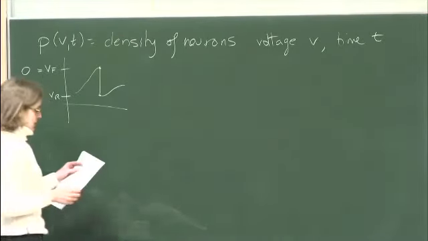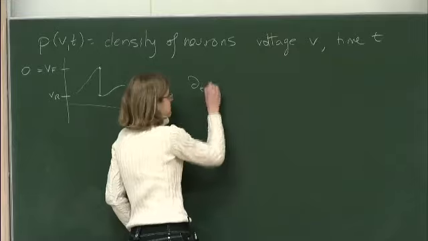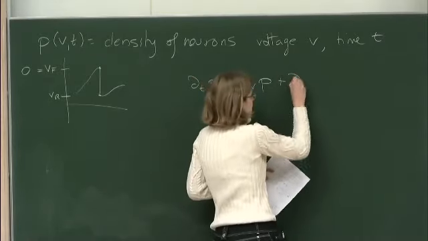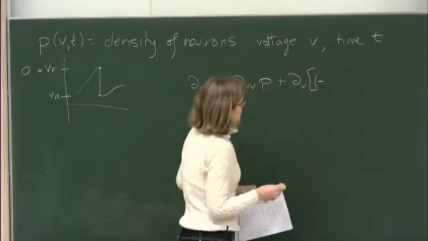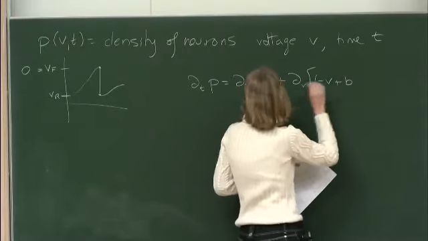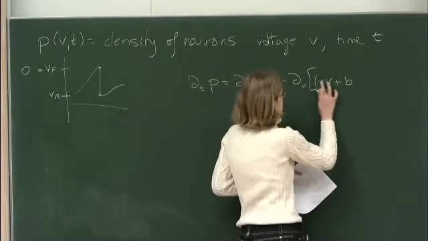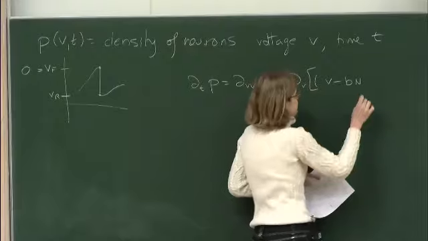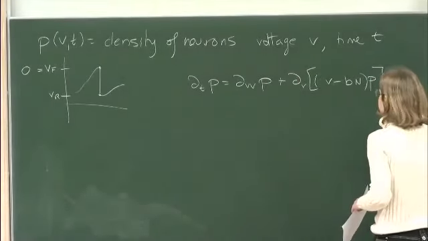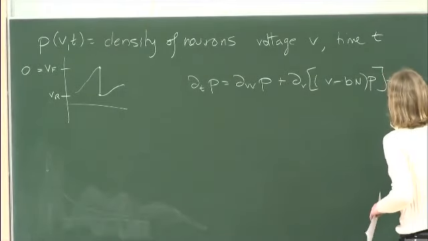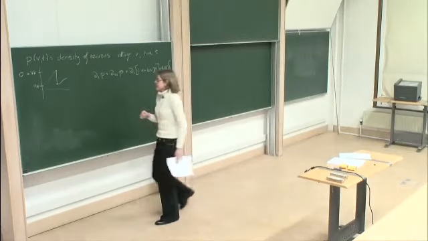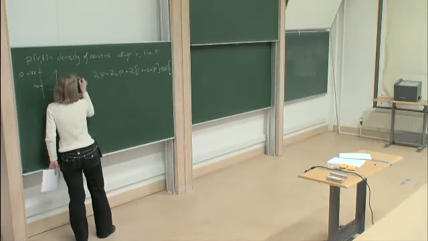Then the equation that P satisfies is partial t P equals partial vv P plus the drift term, partial v of v P, equals minus n of t delta at the point V reset. And this equation is satisfied for v between minus infinity and 0.